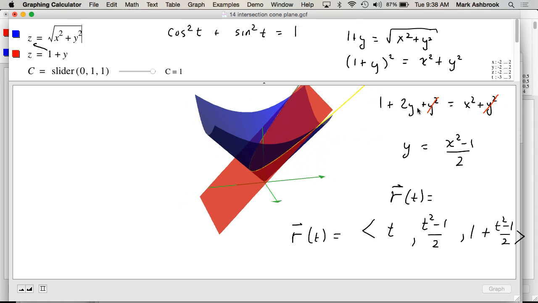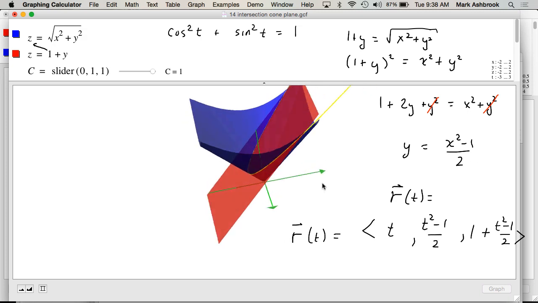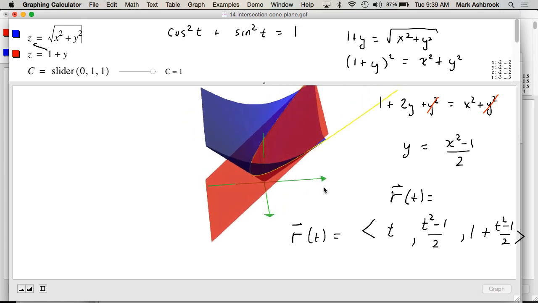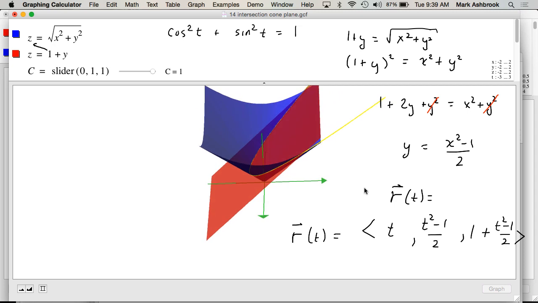And so no circle, so I can let x be t. Then y would be t squared minus 1 over 2, and if we know y, then z is just 1 plus y. And so we've written all three components in terms of t. Any questions on that one?